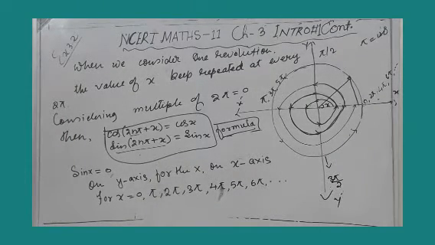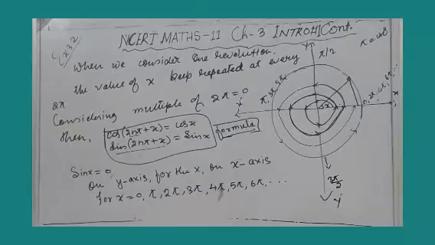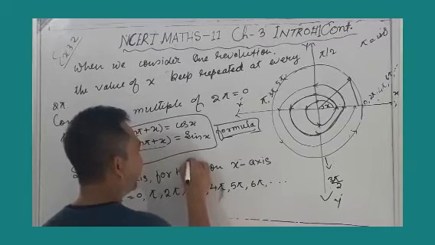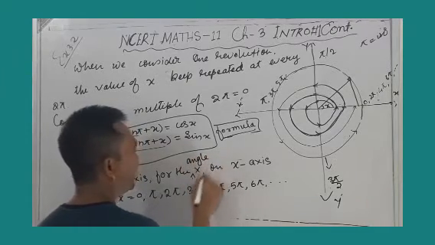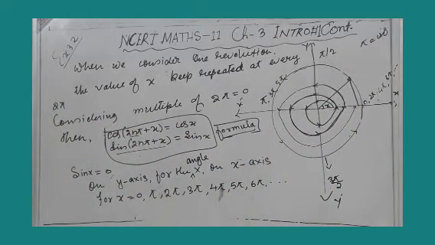For x equal to 0, pi, 2 pi, 3 pi, 4 pi, 5 pi, 6 pi, sin x equal to 0. Sin x equal to 0 for the angle x on the x-axis. So before moving on, please pause the video and write it down, please.